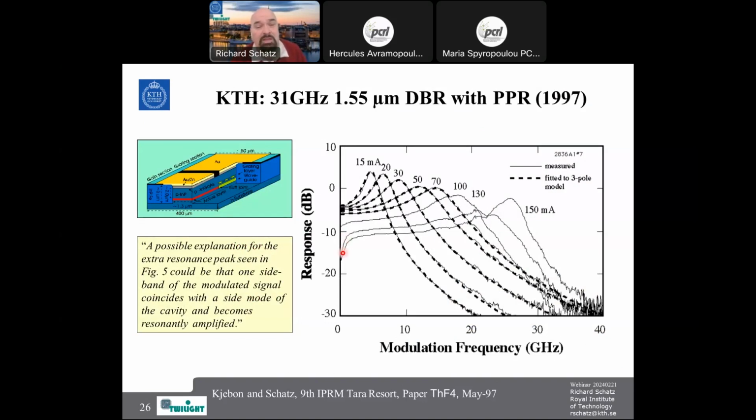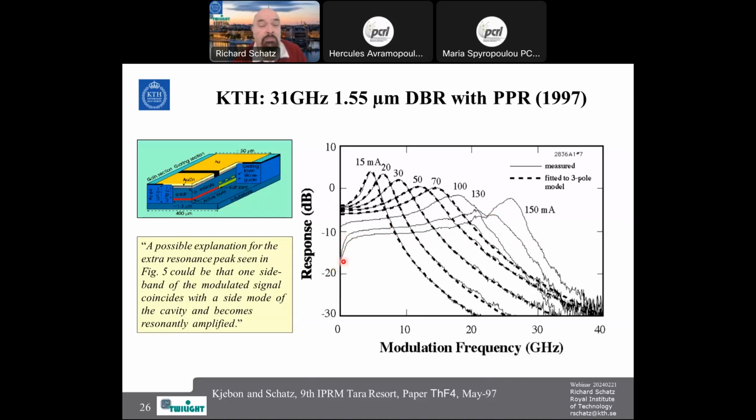Here we are close to having two modes in the laser, and the two modes will have different bandwidth, and they can be out of phase or in phase. So this can be due to the side mode that is modulated, the spontaneous emission in the side mode.